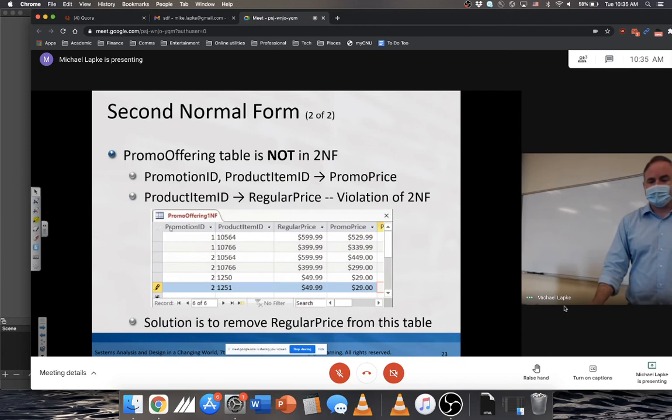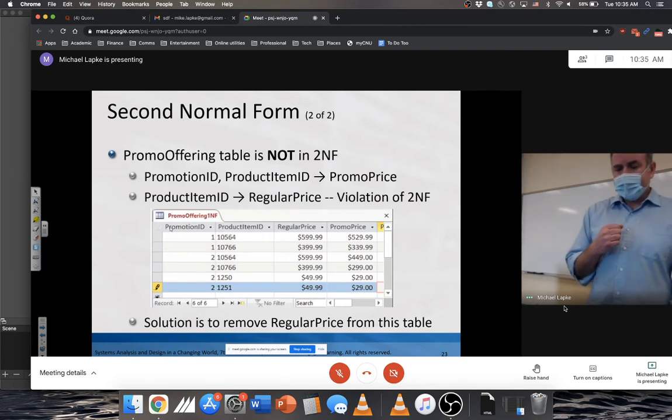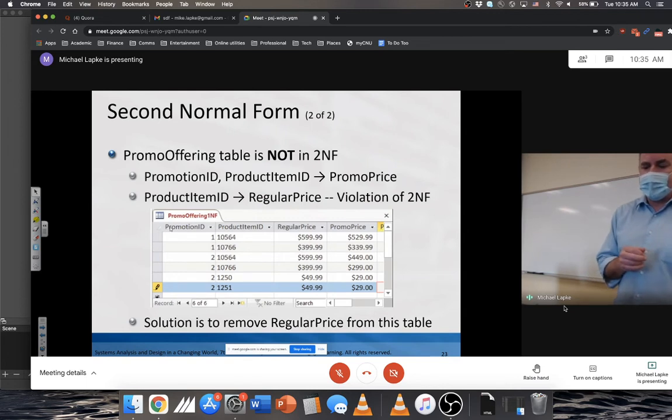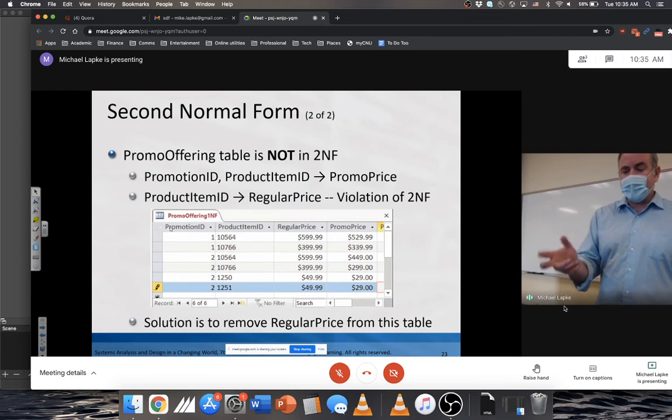Here we see an example where the promotion ID and the promotion item ID have functional dependency on the promo price. So what you need to do is remove the regular price from this table, because this table is a promotional offering table.